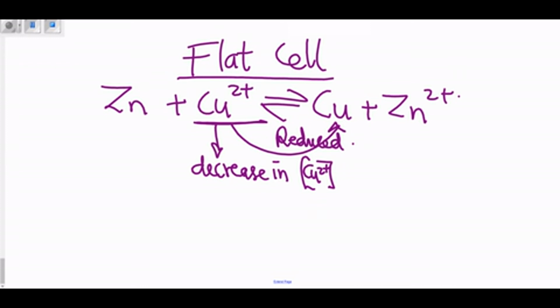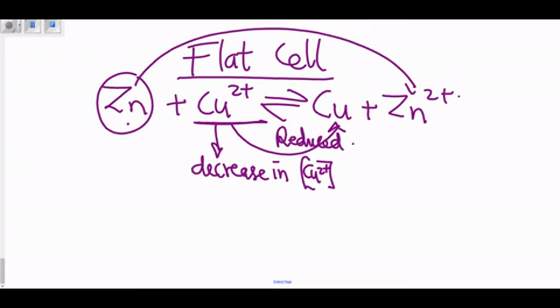Remember, Le Chatelier's principle talks about stress being created in a state of equilibrium. The equilibrium will shift in order to minimize the stress until a new equilibrium is attained. So let's see this. As Cu2+ decreases due to the reduction, the zinc, remember zinc is being oxidized to zinc 2+.